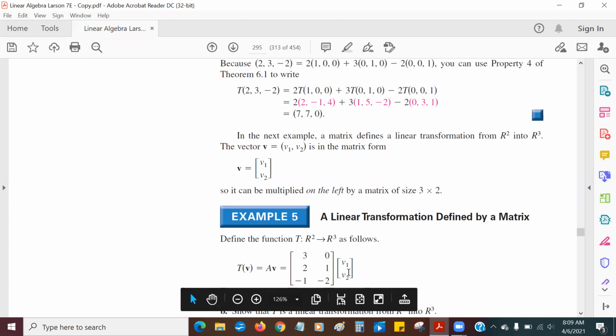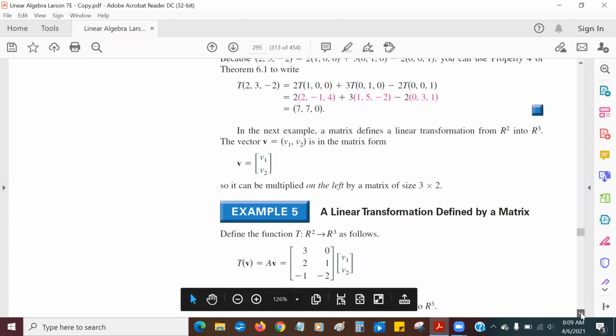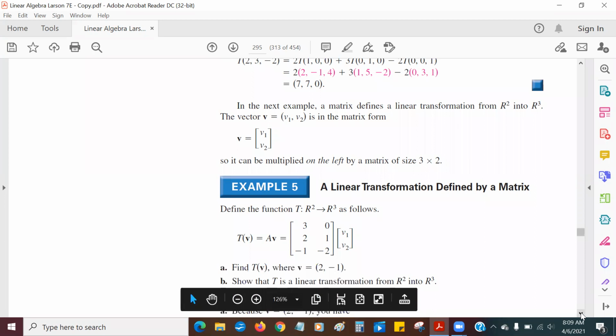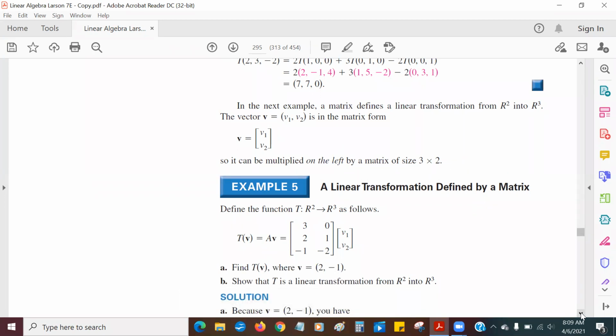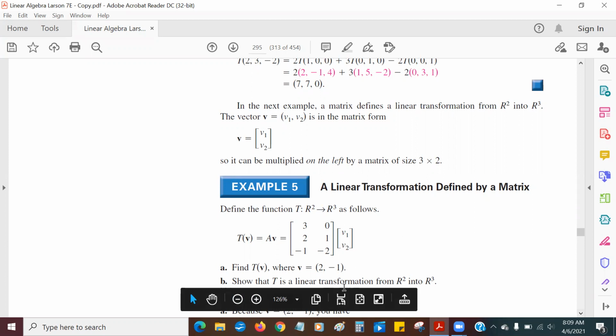And when I multiply this vector by this matrix, since I have a 3 by 2 and I'm multiplying that times a 2 by 1, my result is going to be a 3 by 1, in other words, a vector in R3. So now what we want to do is find T of v, where v is equal to 2 comma negative 1, and we want to show that T is indeed a linear transformation.